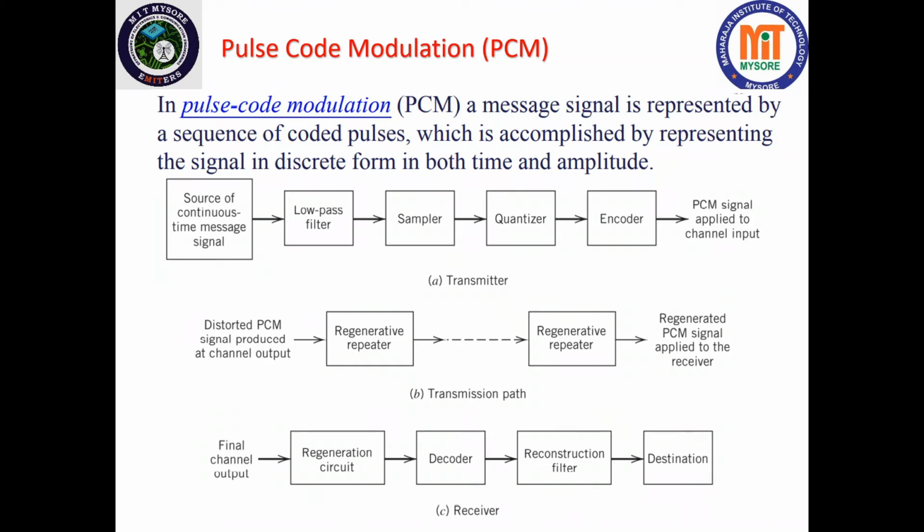Now these voltage levels, if passed through a reconstruction filter having the same bandwidth as the message signal bandwidth, give us the smooth message signal which we had transmitted, and it can be applied to a destination device. It might be a loudspeaker, a display screen or any other output device. In that way our pulse code modulation works.